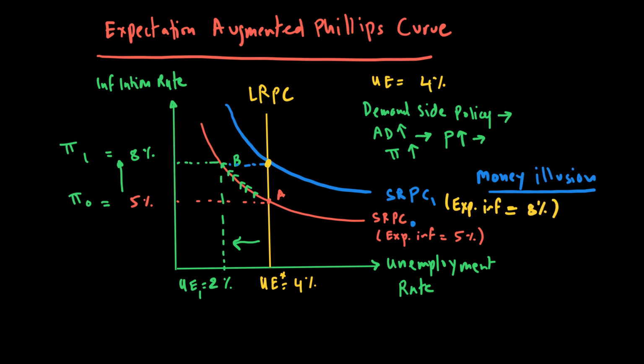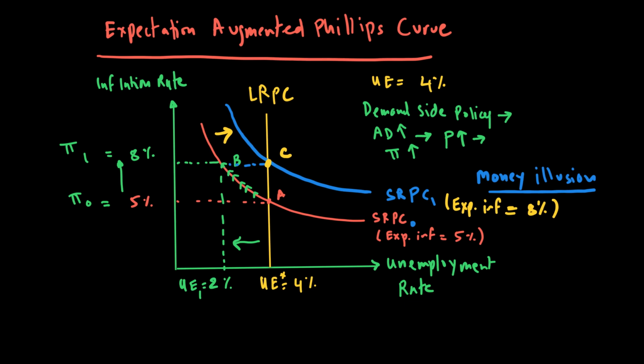Which means when people augment their expectation about inflation from 5% to 8%, we will move to point C. The short-term Phillips curve will move to the long-run Phillips curve, and ultimately will come back to unemployment rate of 4%. The lesson that we learn from this is basically when we do demand side policies for voluntary unemployment, which is more like supply side in nature, we will only end up accelerating inflation.